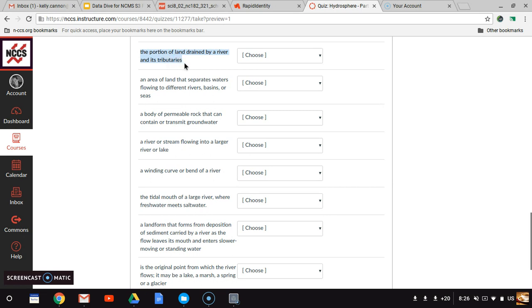First vocabulary term, the portion of land drained by a river and its tributaries. Second, an area of land that separates waters flowing to different rivers, basins, or seas. Third, a body of permeable rock that can contain or transmit groundwater.